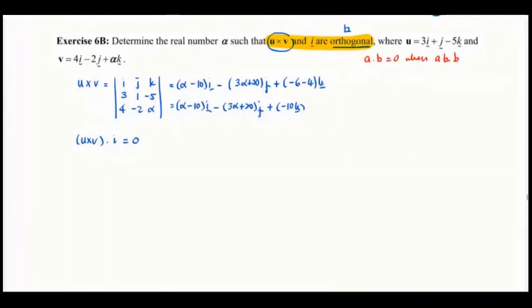So we have alpha minus 10, and then -3 alpha minus 20, and then -10, dot product with I, which is 1, 0, 0, must be equal to 0. So directly we have alpha minus 10 equal to 0. So your alpha equal to 10.